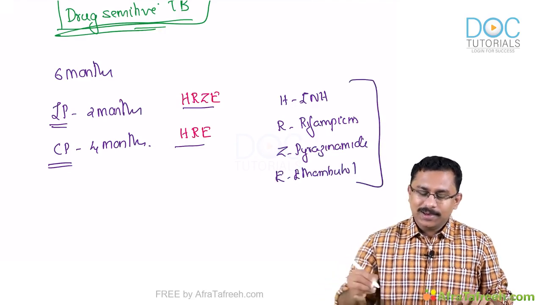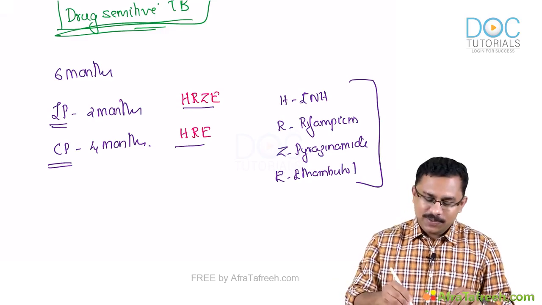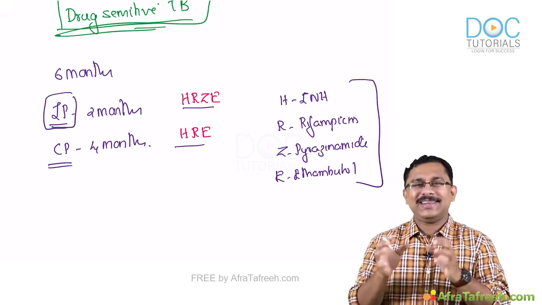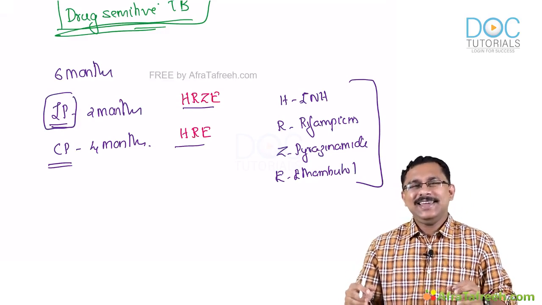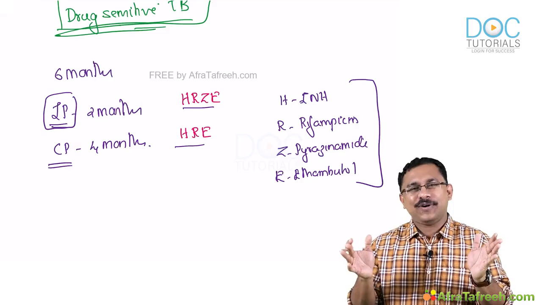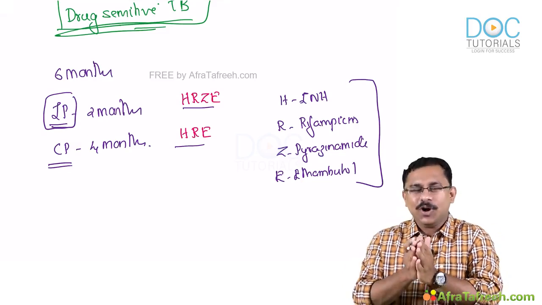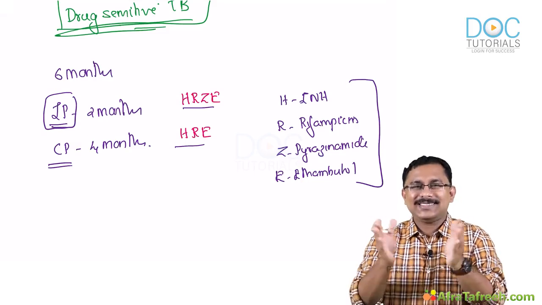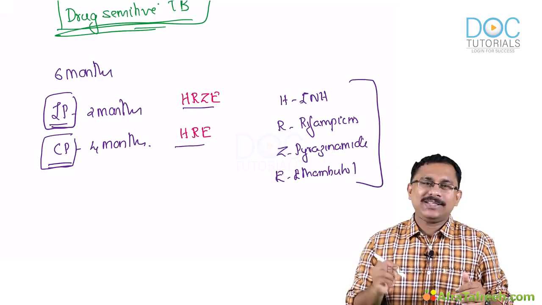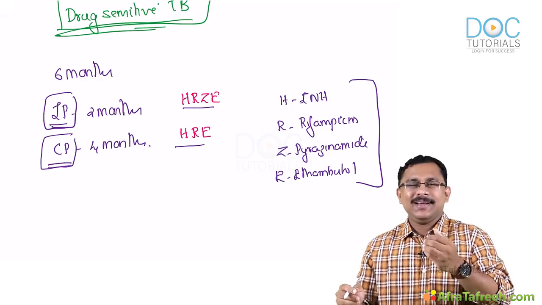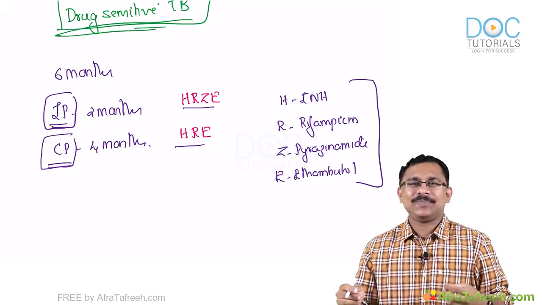So when you treat tuberculosis in a drug sensitive individual, initially you will go for an intensive phase. What does the intensive phase mean? Intensive phase is where you go for the kill. You go aggressively because you want to kill the bacteria. That is the purpose of your intensive phase. And the purpose of the continuation phase is that there may be some bacteria that persist.